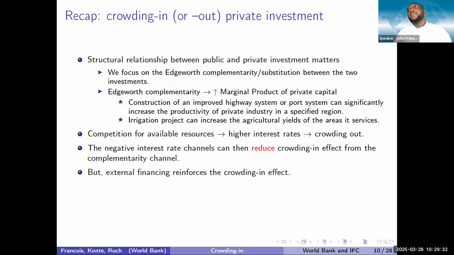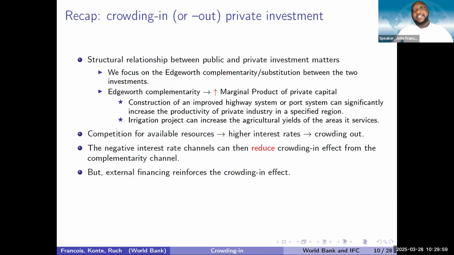You can also think of irrigation projects in, let's say, rural areas. Consider some rural areas that don't have irrigation systems and are very dependent on rainfall, amongst other things. That is putting your crops at chance, right? So even private investors wouldn't want to go into such a business because they are not very sure whether they will be successful or not.